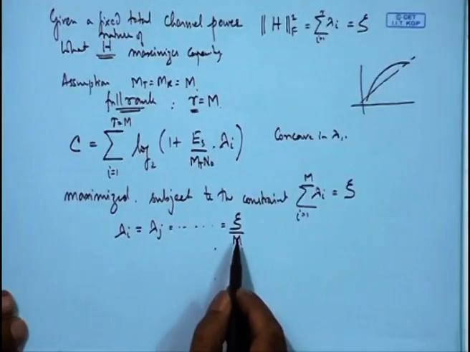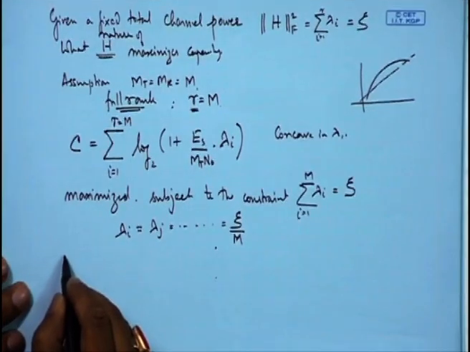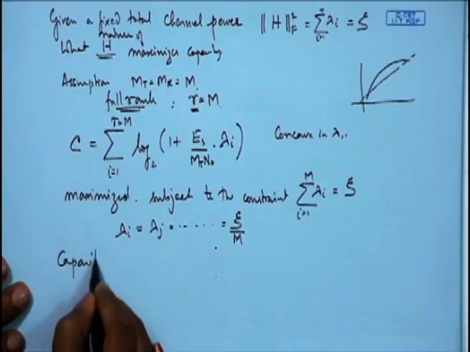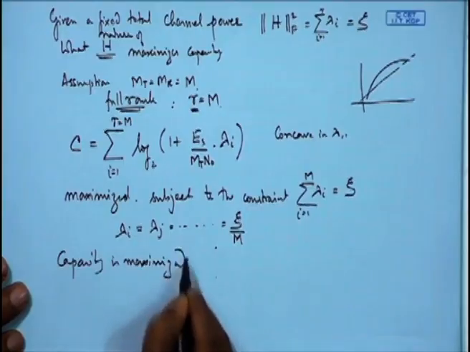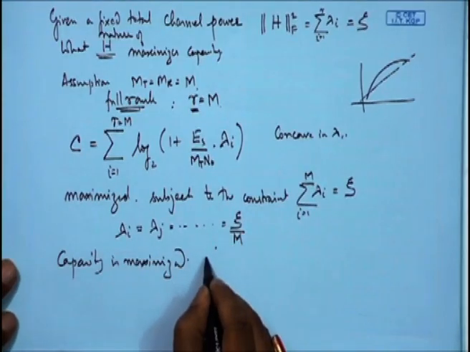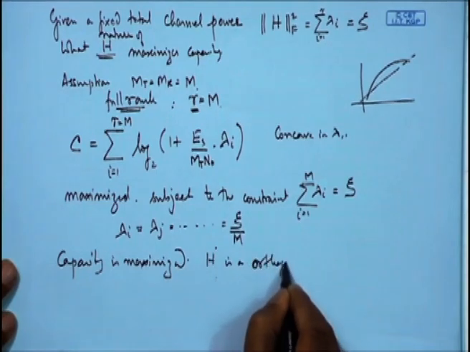So this in turn indicates that capacity is maximized when all the lambdas are equal, and that happens when H is an orthogonal matrix.